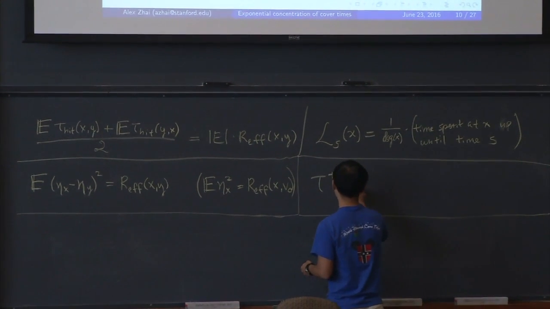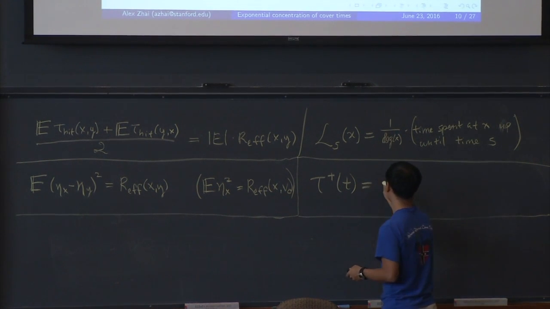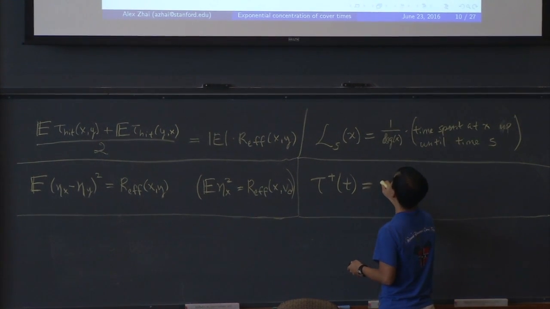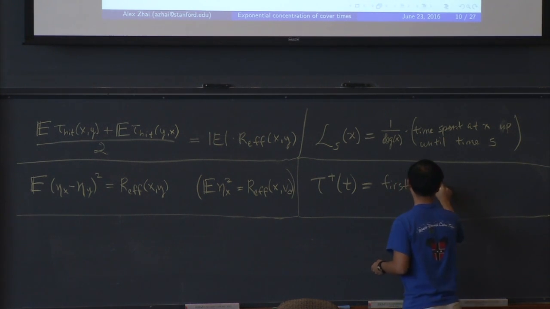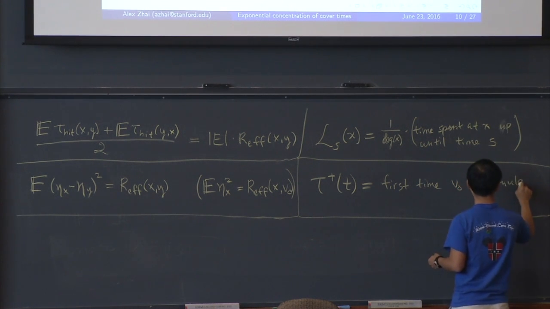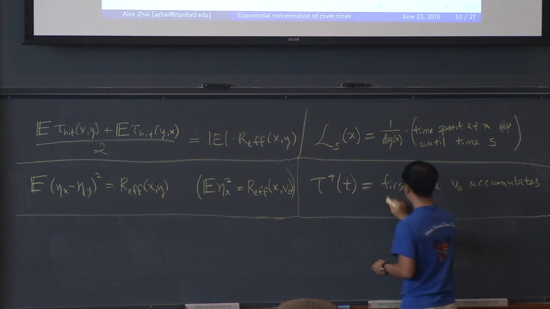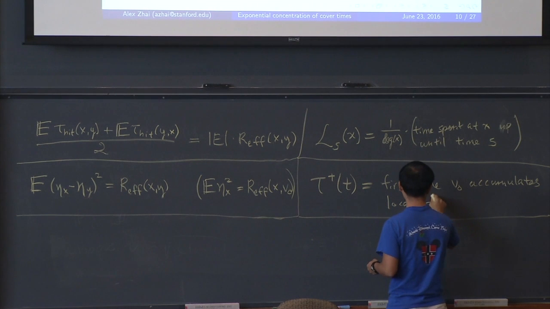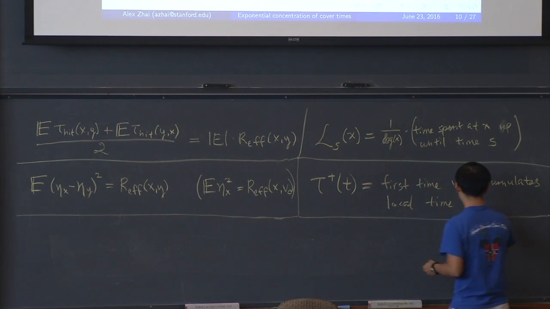So tau plus of t is equal to the first time v naught accumulates local time t. And again, the reason I need to do this is because of some formulas later.